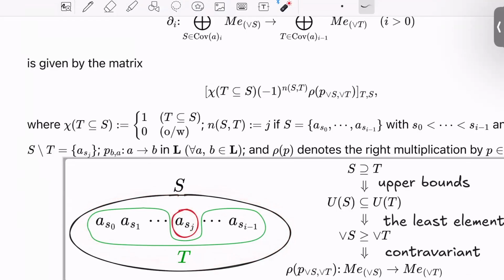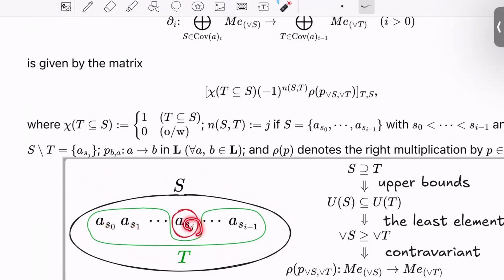Now we have S0, S1, up to here, in this order. Then we count the missing element S_j from the beginning by 0, 1, up to j.